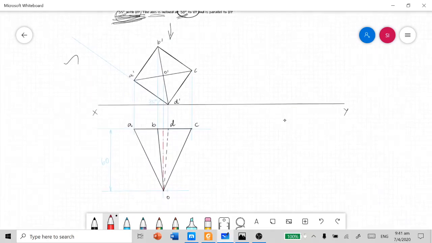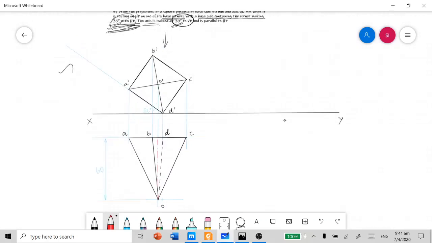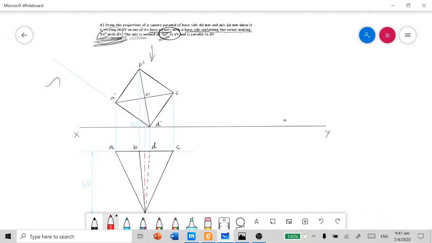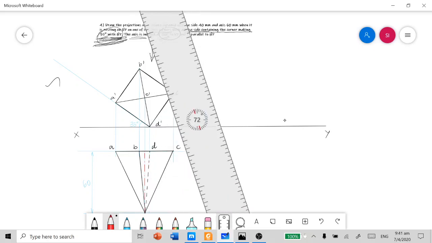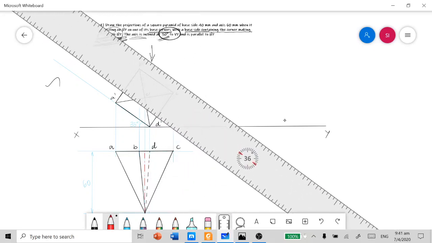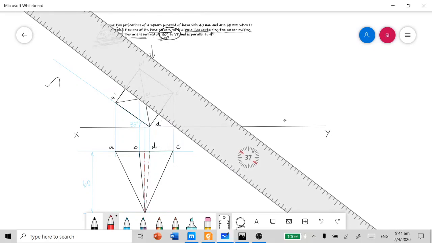So this is the simple projection of the given solid, and then we need to tilt the lateral view in order to make the axis inclined at 30 degrees to the VP. For that, first I need to draw the pilot line with a 30-degree inclination to the XY line in the top view area.